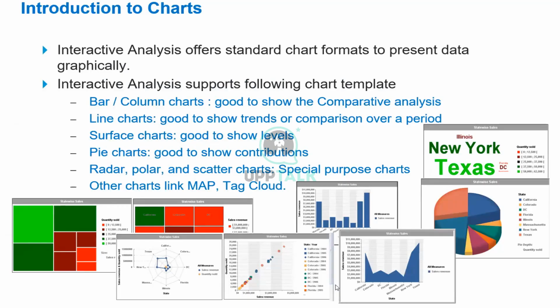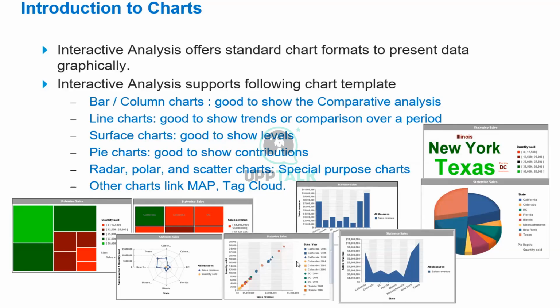If you want more visualization, and our data is very high level and we want to see the insights in a more creative and visual manner, we can use charts. These are the types of charts that are available in Web Intelligence: bar or column charts. This one is a bar or column chart, good to show comparative analysis.